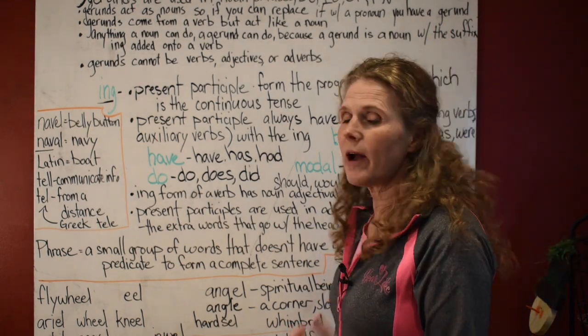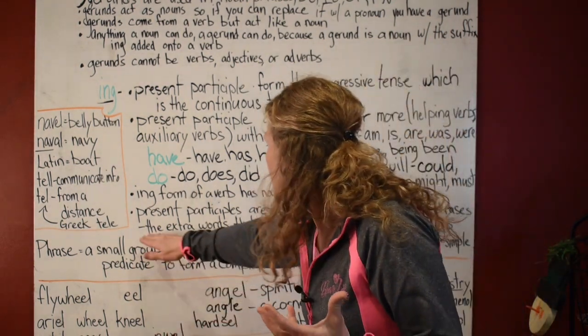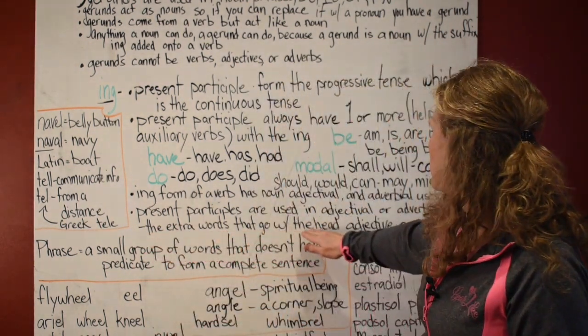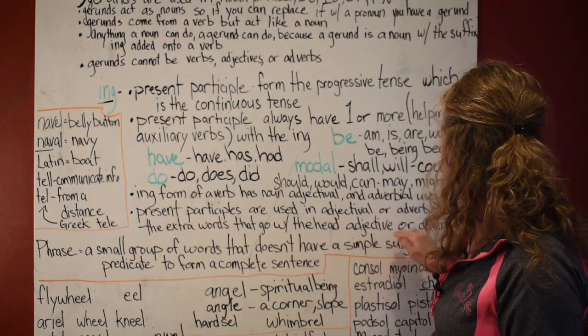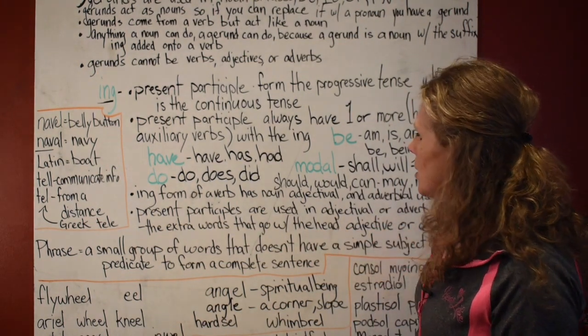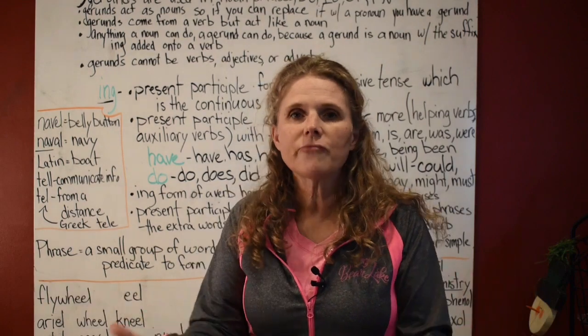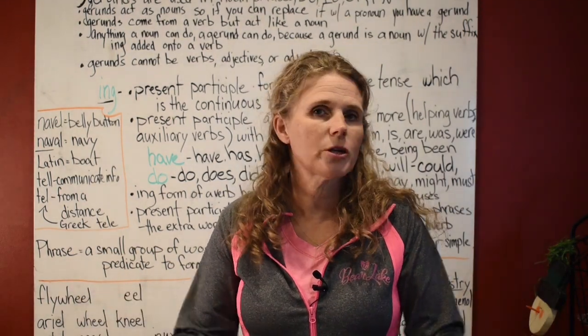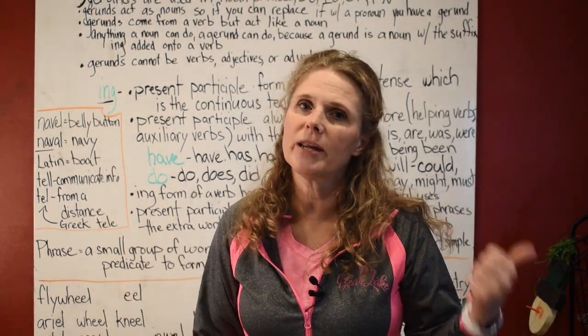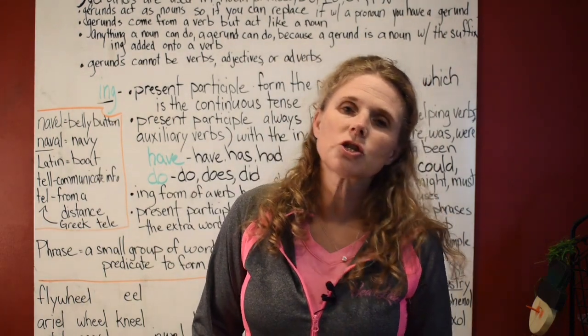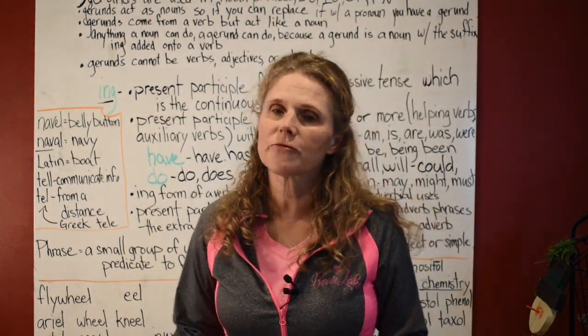So when you have them in, they have extra words that go with the head of the adjective or the adverb. So what is a phrase? You have to know what a phrase is. You're going to have different kinds of phrases. You're going to have a noun phrase, verb phrase, prepositional phrases. There's lots of different kinds of phrases.